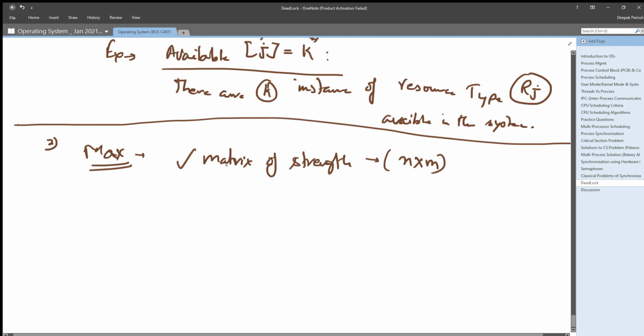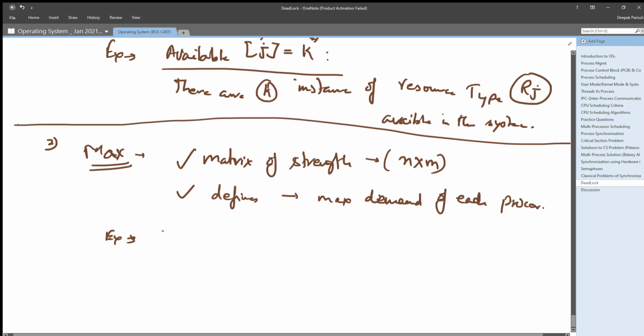It is not a vector, it is a matrix of n by m, where n is the number of processes and m is the number of resources. And it defines the maximum demand of each process.